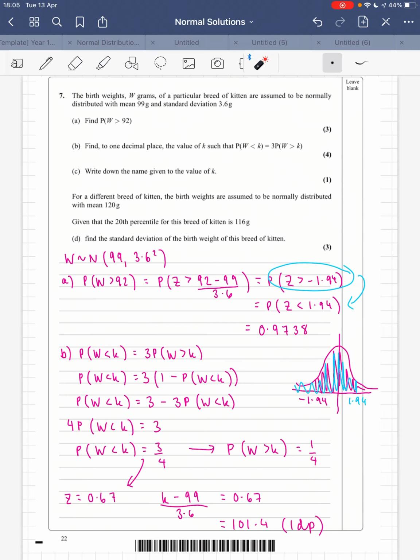I don't think 0.75 exactly was in the table, but I can't remember. 0.75, no, it's not. Okay, so the 2 values that are closest are 0.7486 and 0.7517. 0.7486 is closer to 0.75, so I take this value of Z, 0.67.